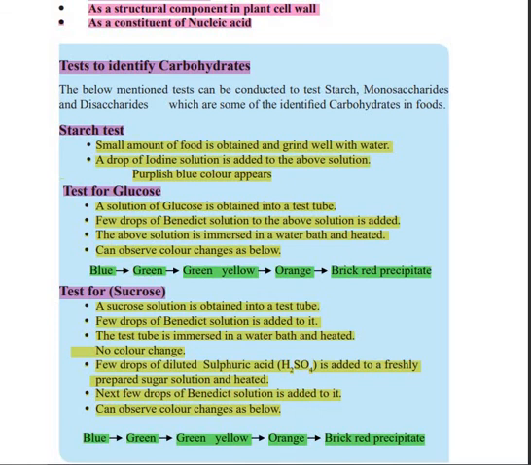Next, a few drops of Benedict solution are added, and then we can observe a color change as blue, then green, yellow, orange, and then brick red precipitate, as the color for glucose and sucrose is the same.